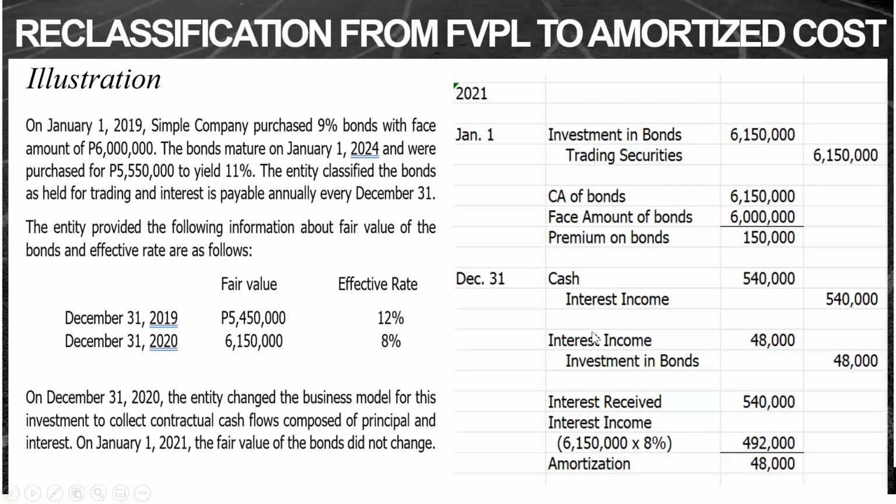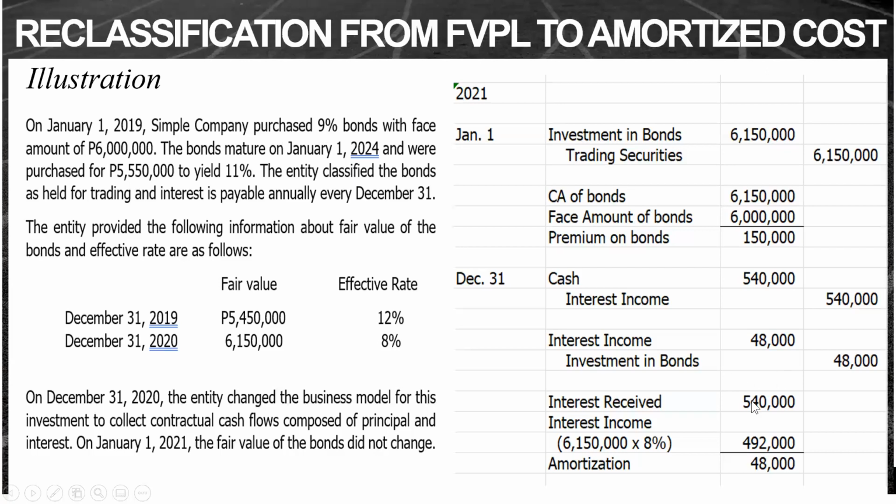So 540,000. So aside from that interest, of course, alam natin that there is a need for us to amortize our bond premium. So ito, hindi ko na lang pinakita yung buong amortization schedule, but then you should know that for us to compute our amortization ng premium, you just have to compare your interest received, which is based on the face amount na 6 million, times the nominal rate of 9%.